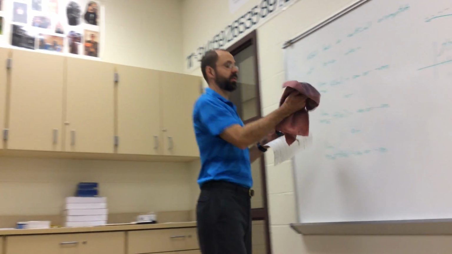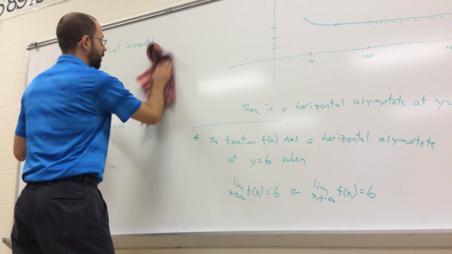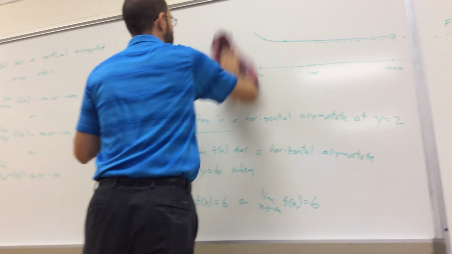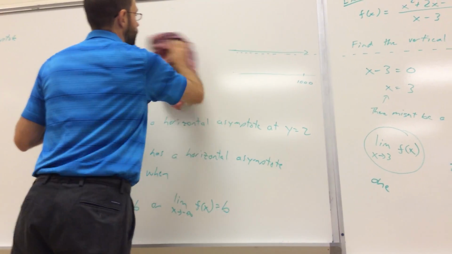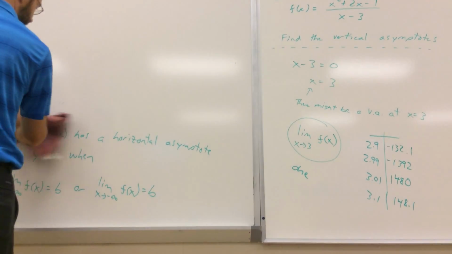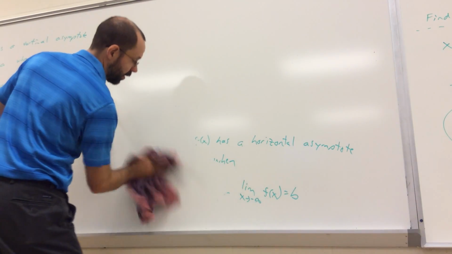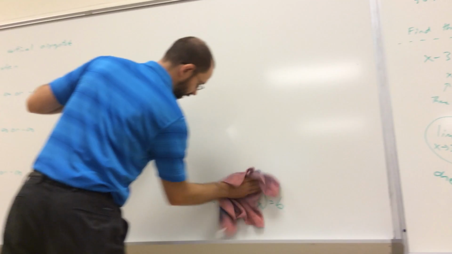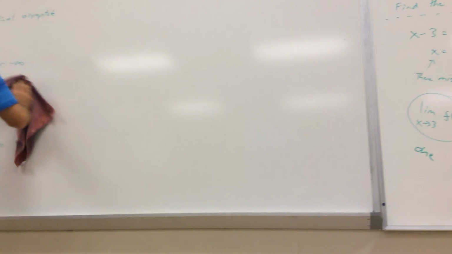All right, so one of the two new things today were vertical and horizontal asymptotes, but also I kind of slipped in there limits going to infinity. So that was new. We hadn't taken a limit as x went to infinity. So I just need to make a couple comments about limits towards infinity.